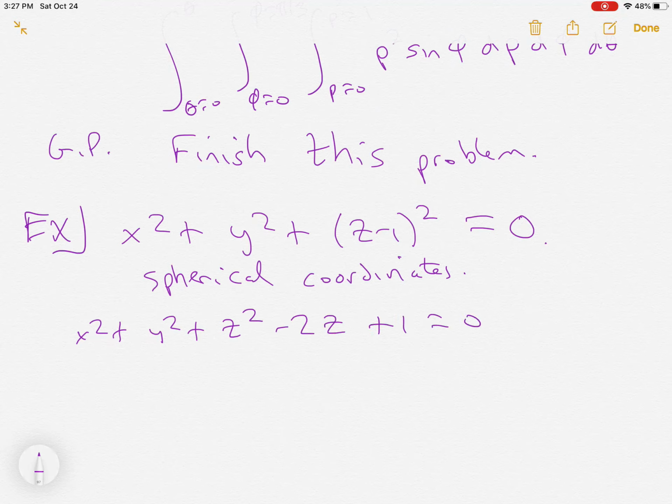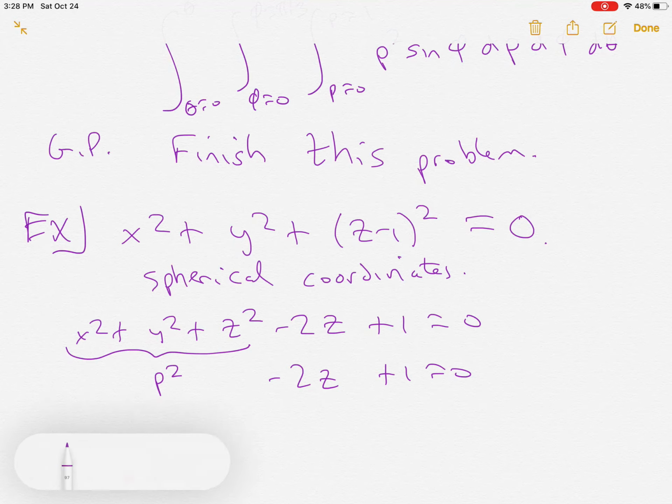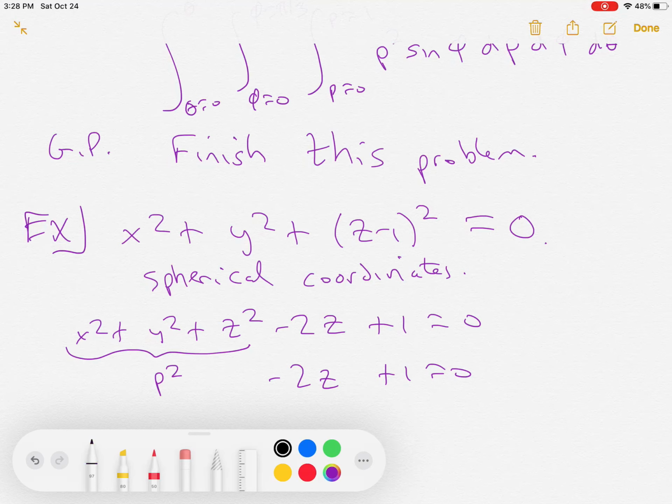Squaring the z minus 1, you get that this is rho squared minus 2z plus 1 equals 0. No, that's wrong. Where is that? Here it is.